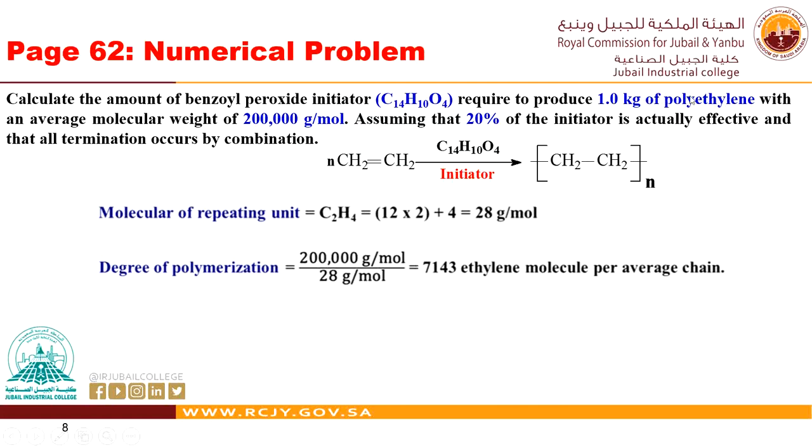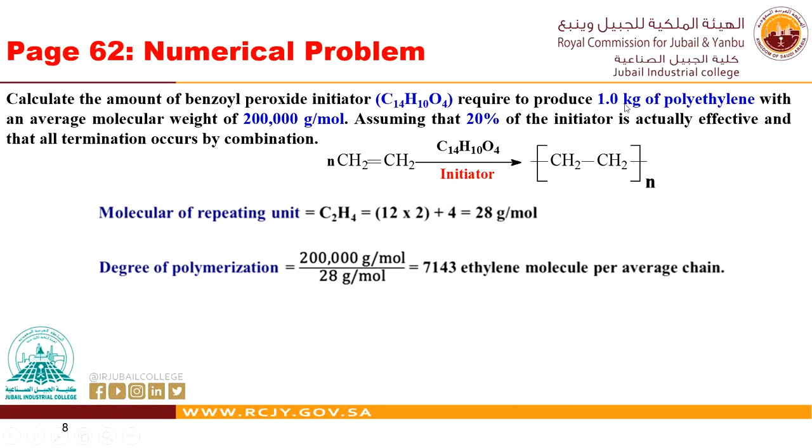So what we do here, and we remember in general chemistry, we say 1 mole of a substance contains 6.02 times 10 to the power 23 units per mole, Avogadro's number. So here we take the mass of ethylene, which is 1,000 grams.